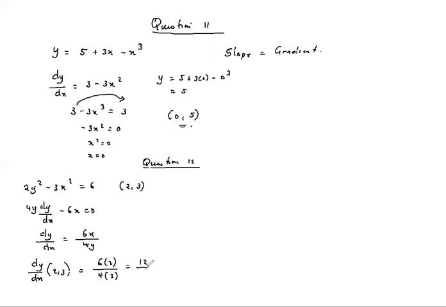So we have 12 over 12, which is 1. So the gradient here is 1. And so we're saying y is equal to mx plus c. But m is 1. When you pick the point, it will be 3 is equal to 2 plus c. So c is 1. And so the equation is y is equal to x plus 1. That's the equation that you're looking for there.